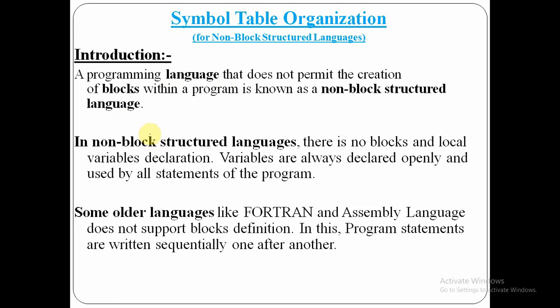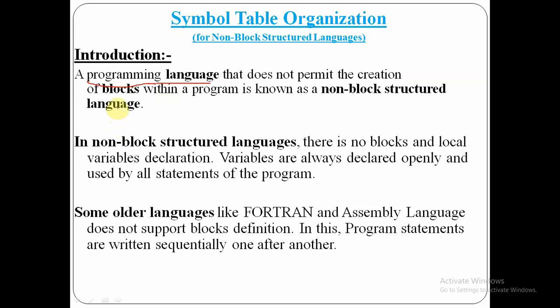Next topic. Symbol table organization for non-block structured language. So what is non-block structured language? We should know first. A programming language that does not permit the creation of blocks within a program is called non-block structured language.